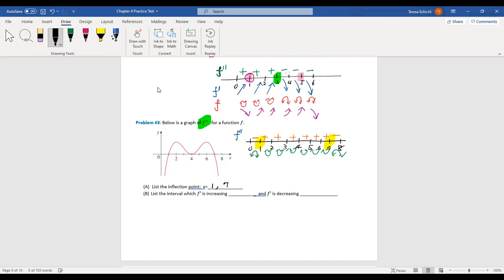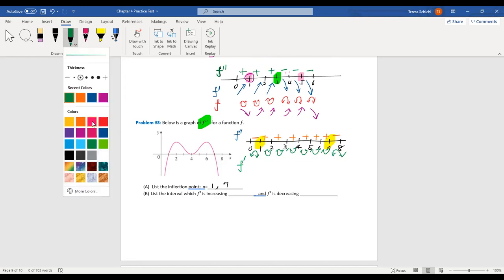Now the next thing: where is f prime increasing and where is f prime decreasing? Remember, f double prime is the derivative of f prime. So f prime is increasing where f double prime is positive. So it is decreasing, then increasing all the way, and then decreasing here.